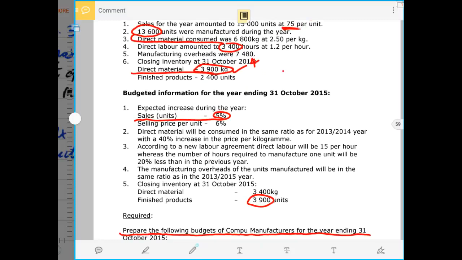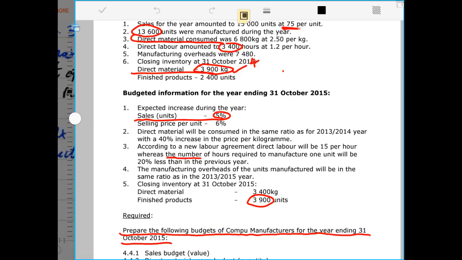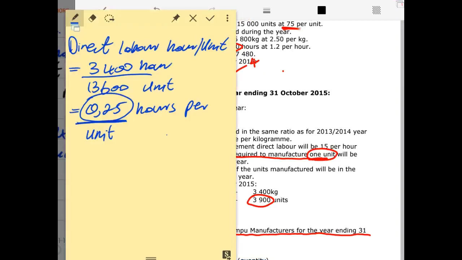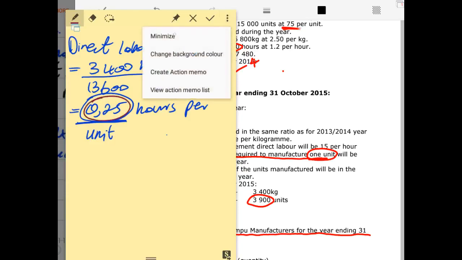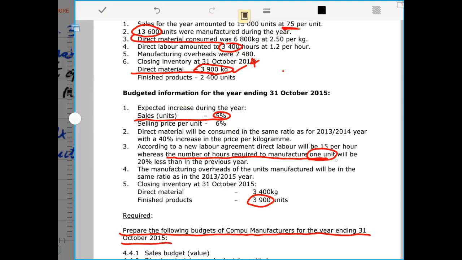In the current year, we expected that the number of hours it takes to manufacture one unit, which last year was 0.25, will be less than in the previous year by 20%.